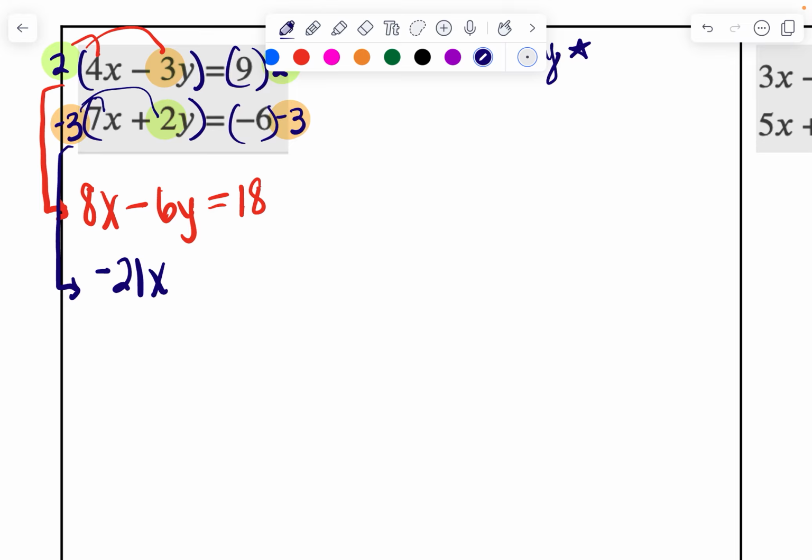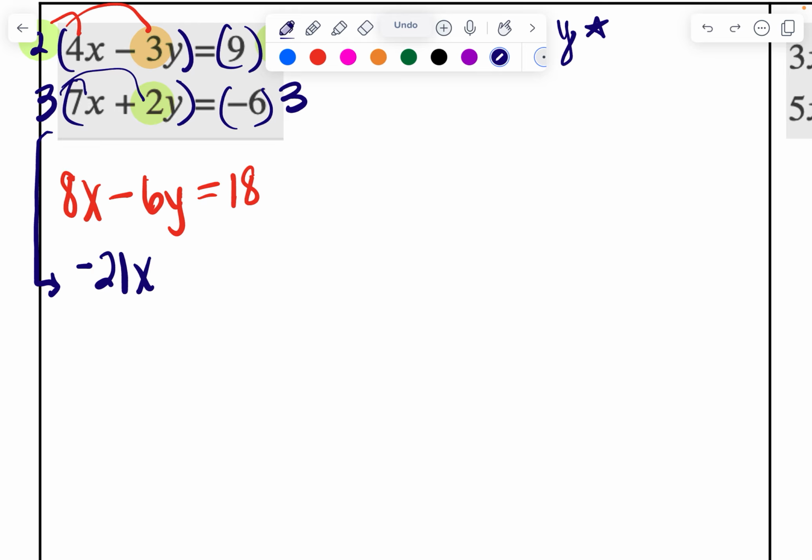Negative 3, oops, I'm sorry. We didn't want to multiply by negative 3. We just wanted to multiply by regular 3. If I did a negative 3, it would not give me opposite numbers. So we're multiplying by a positive 3 here. So 3 times 7x is 21x. 3 times 2y is 6y. And 3 times negative 6 is negative 18.